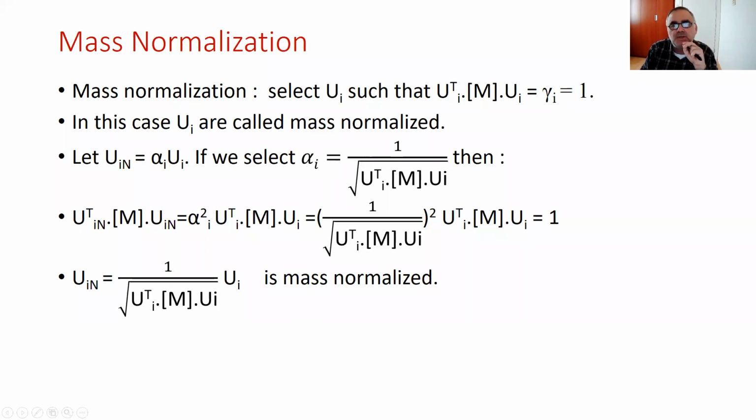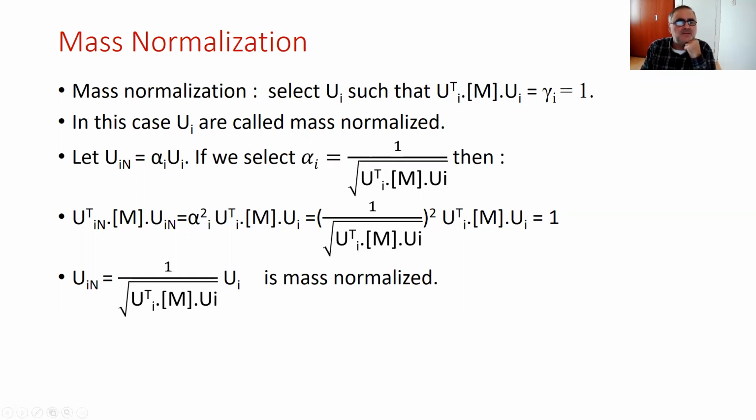I will prove that to you. But if you have Ui on both sides, you will get a certain number, like gamma. We will normalize our U's, our mode shapes, so that our gamma will be equal to 1. If that is the case, then our eigenvector or mode shape is going to be called mass normalized.